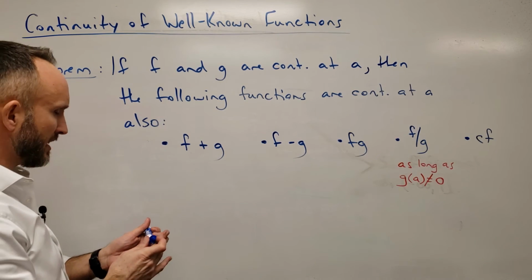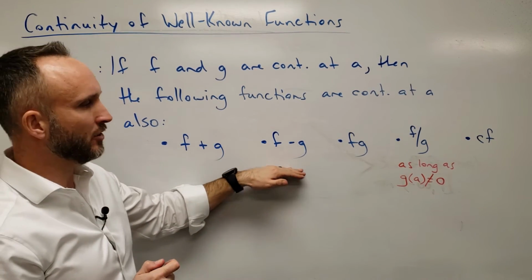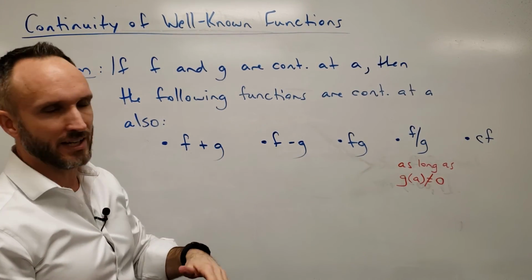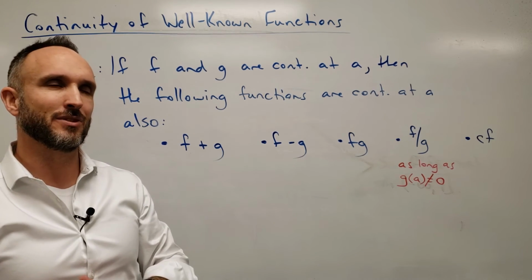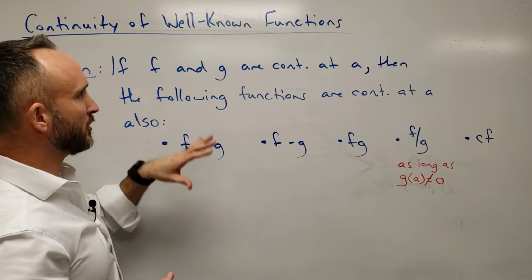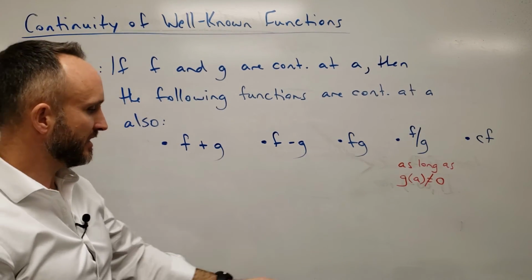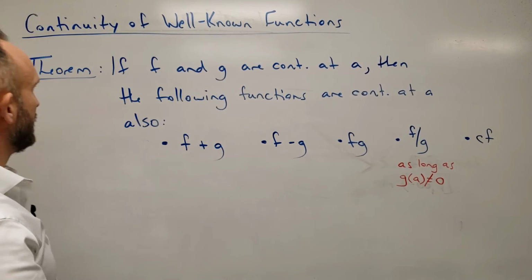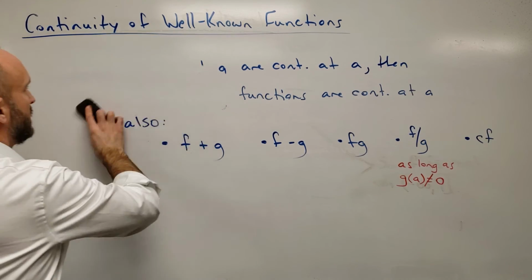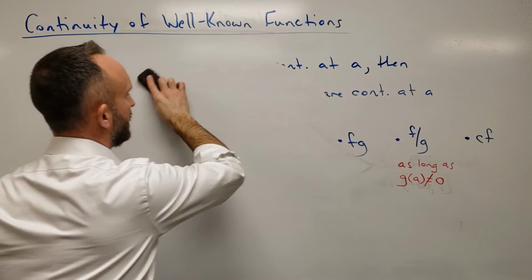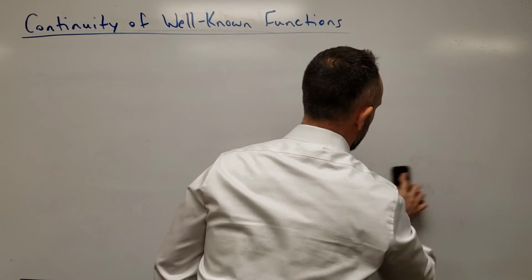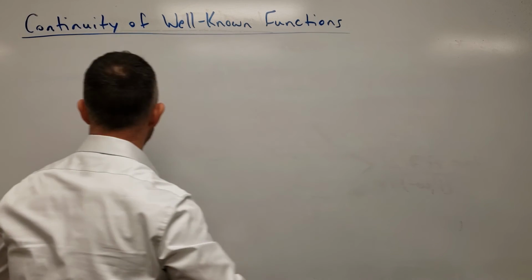Okay? This eliminates us having to look at the limit definition of continuity to say that a function is continuous. All right? We can use our well-known functions with these operations to create a lot of continuous functions. Let's look at another theorem for another way to combine functions to get another continuous function.